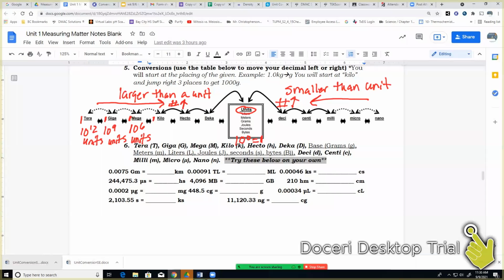Kilo, 10 to the 3rd. Hecto, 1 hecto, 10 to the 2nd units.